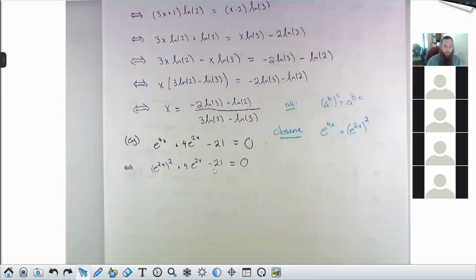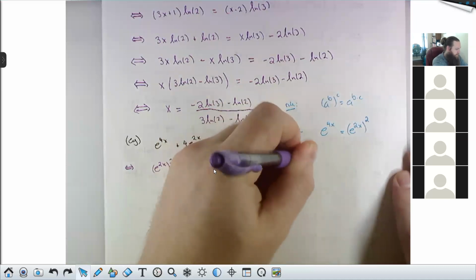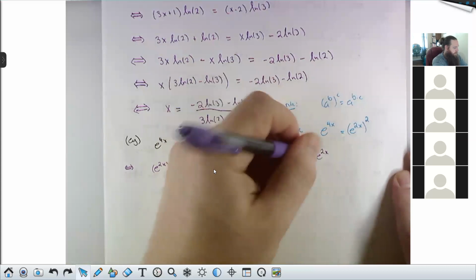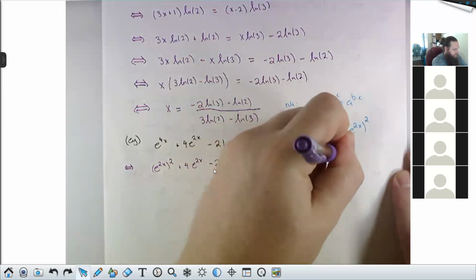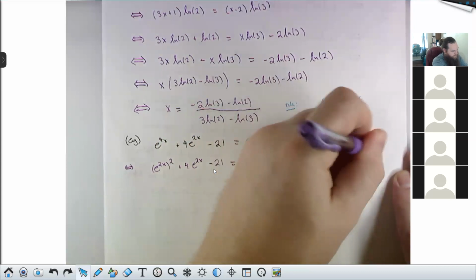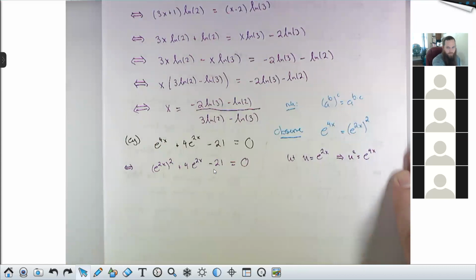This is secretly a quadratic. The way most people would solve this is by saying something like, I'm going to let u be e to the 2x, which would mean u squared is e to the 4x, because e to the 2x squared is e to the 4x.